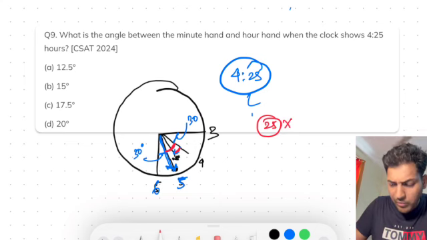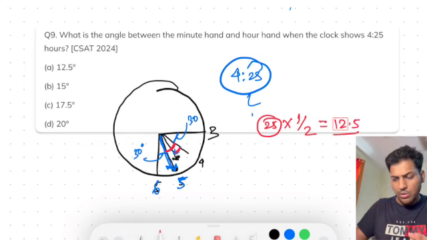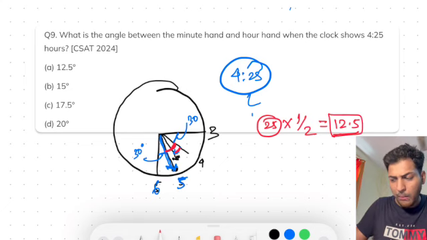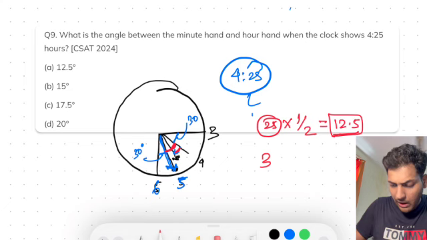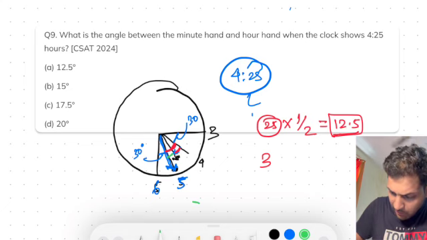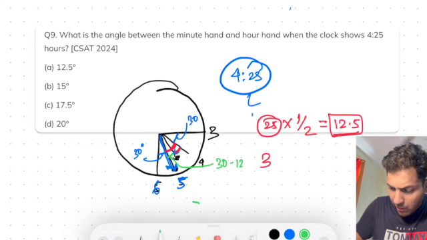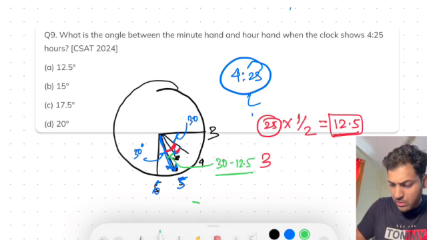So in 25 minutes, our hour hand will move 25 into half, that is 12.5 degree. Okay. So that means if this is total 30, our hour hand will move 12.5. So this particular angle, which is the answer, is nothing but 30 minus 12.5, which is equals to 17.5 degree.